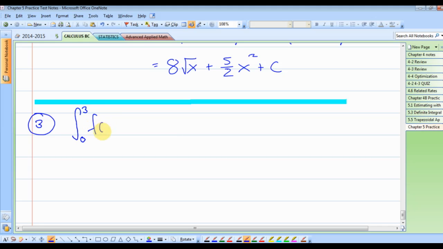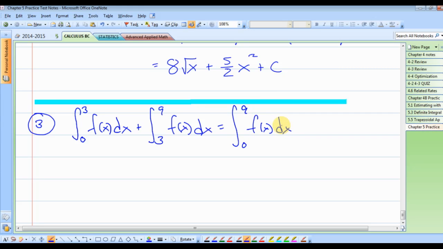The property says that if I add the integral from 0 to 3 to the integral from 3 to 9, I would get the integral from 0 to 9. And that comes from an examination of the limits and just trying to make sense of those limits. How do they go in order?